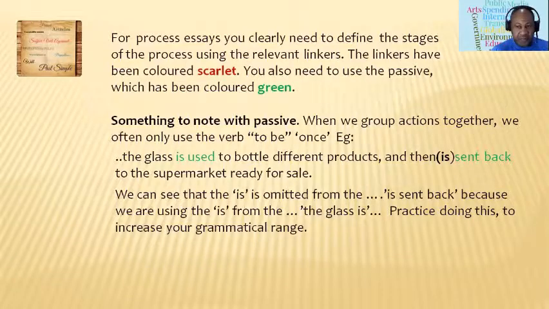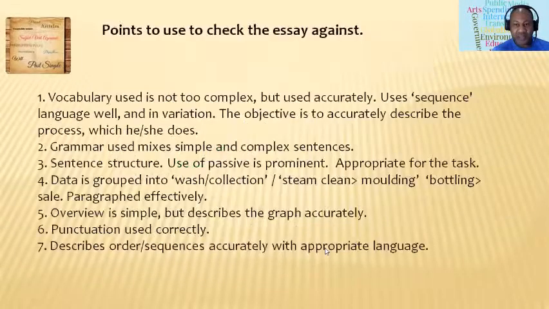If we begin a new sentence, we have to add it back again. So we can see that the is is omitted from the is sent back because we are using the is from the glass is. So practice doing this when you write your sentences to help you increase your grammatical range.